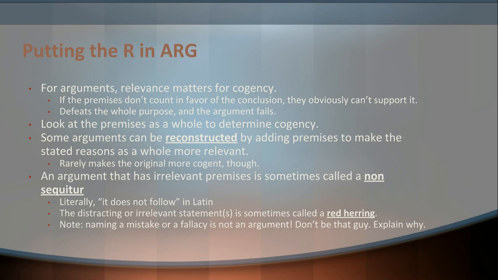If the premises don't actually count in favor of the conclusion, then we obviously can't have a cogent argument, because a cogent argument, by definition, is one whose premises give support for the conclusion. Relevance is where the link is made between what's said in the premises and what's said in the conclusion. If we don't have this condition, we don't have a good argument at all.